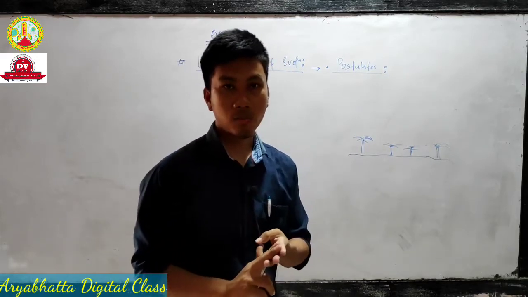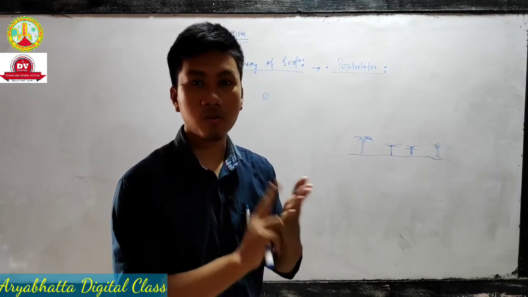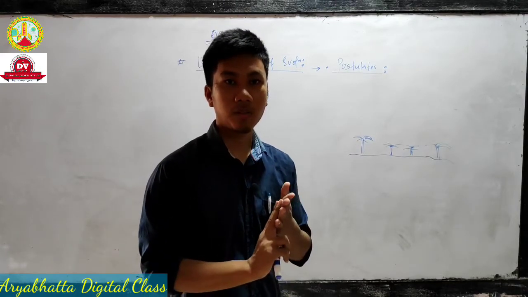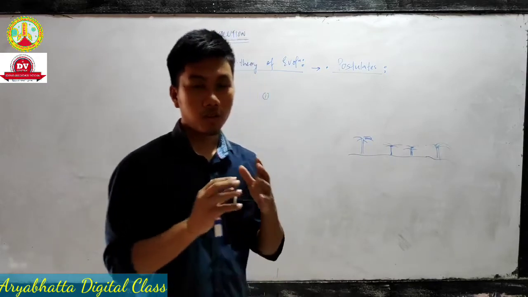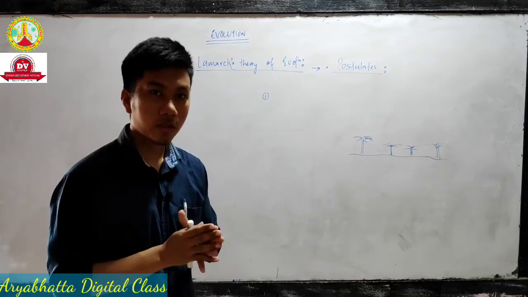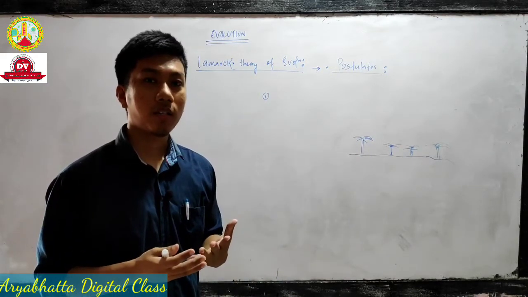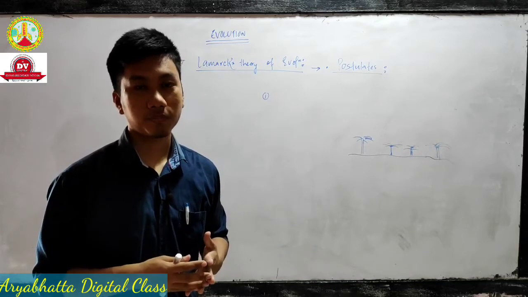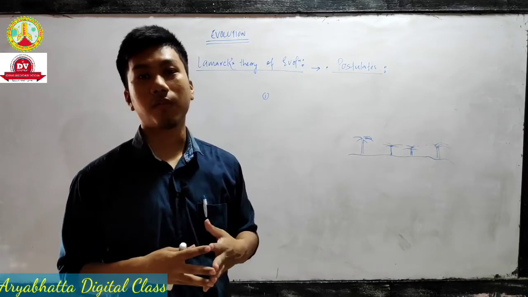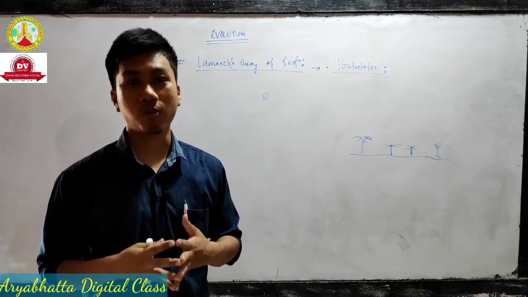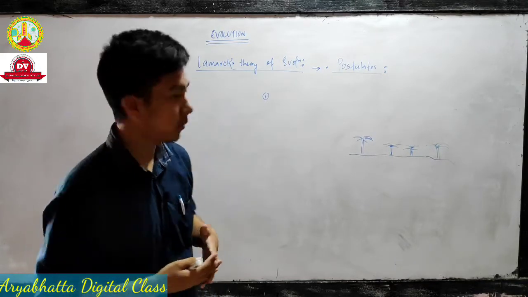So the next generation is born, and a new species is formed, which we now know as the giraffe. So whenever we talk about Lamarck, the example is the giraffe. He gave the example of the giraffe when he gave his postulation.